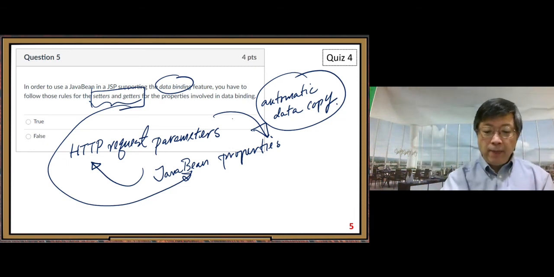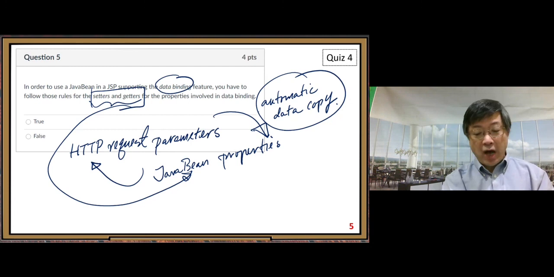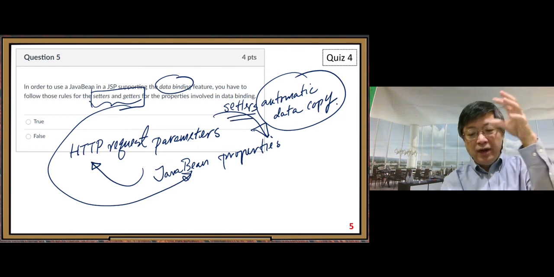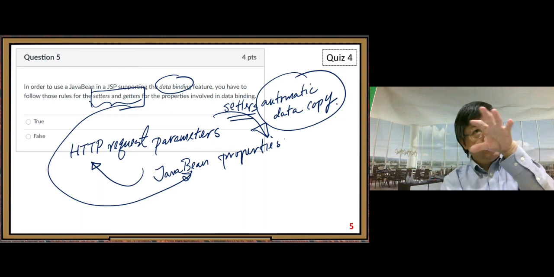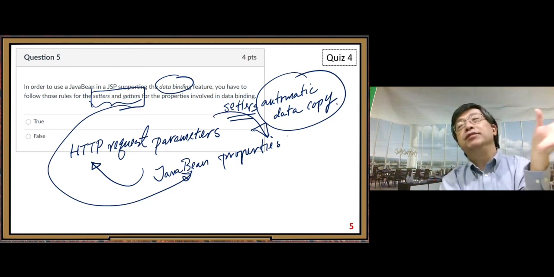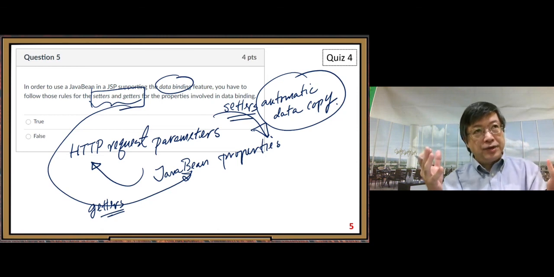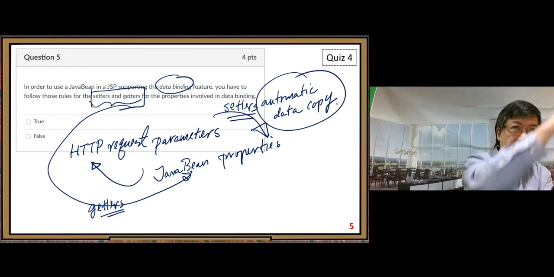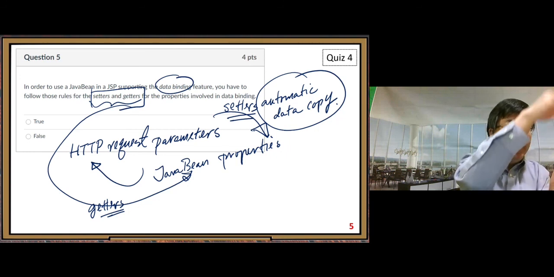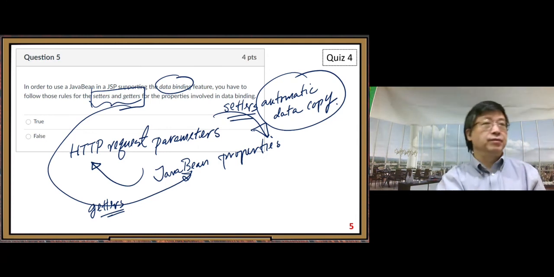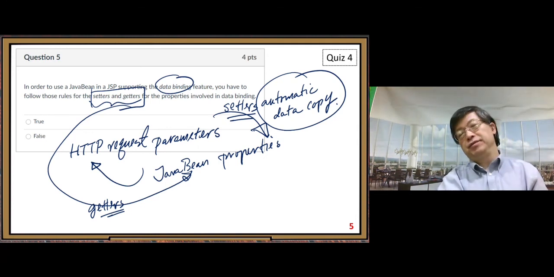For example, for this way of copying, use setters, because you have the parameter values and now you copy the values to certain properties. The other way, you use getters, so you retrieve property values, then copy them to certain parameter values.